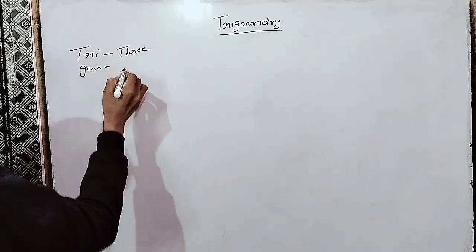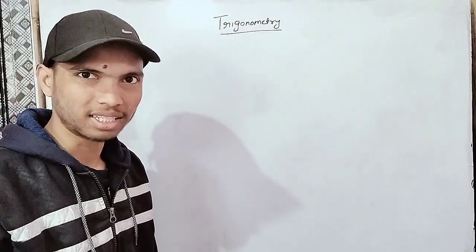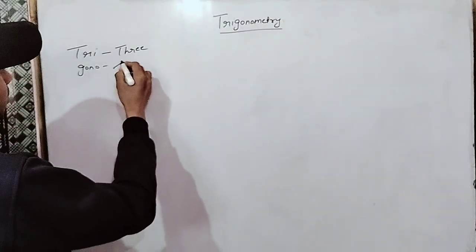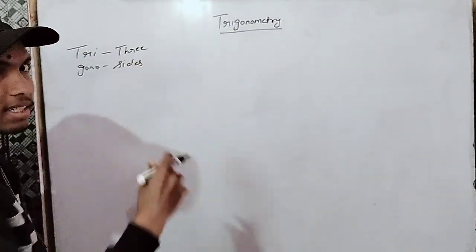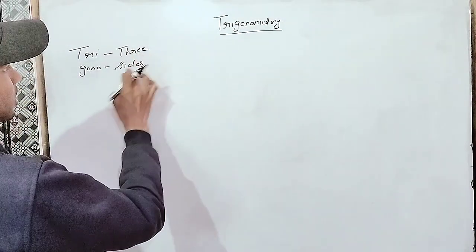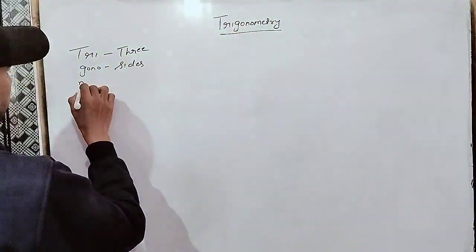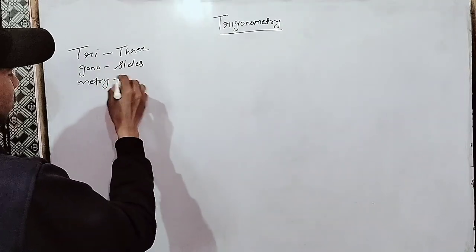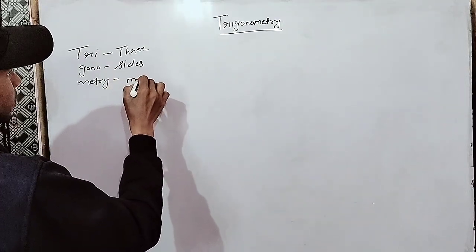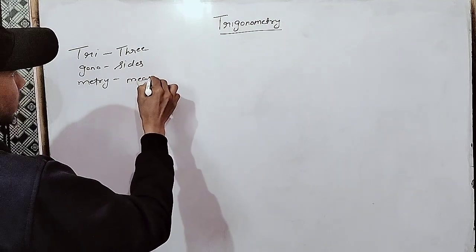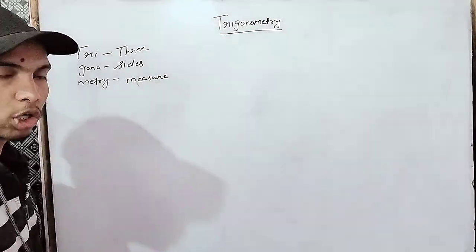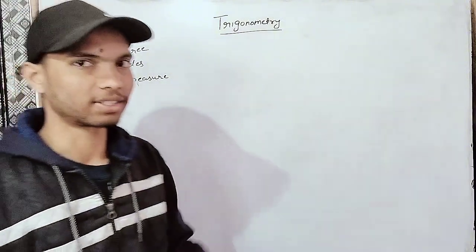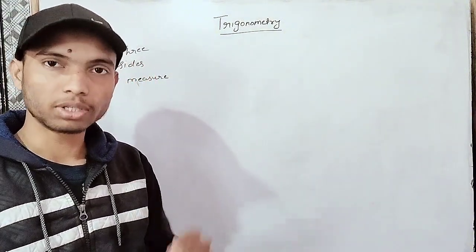Gono, you can say sides. So how many sides? Three sides. Metry means measure. So trigonometry means measure of three sides.